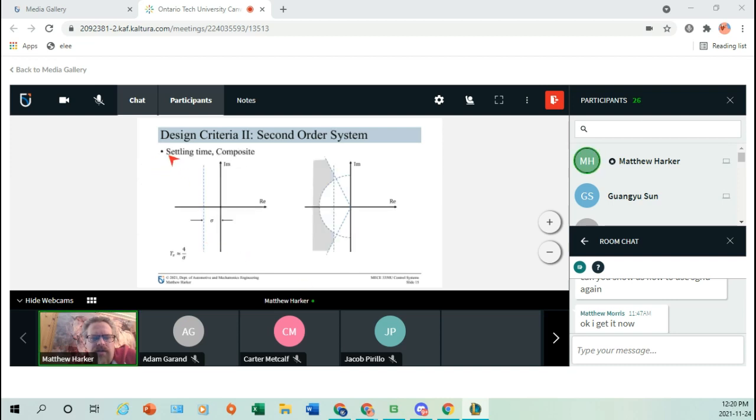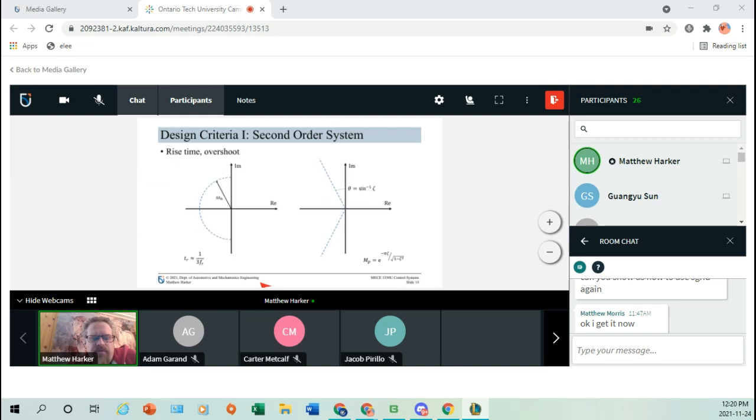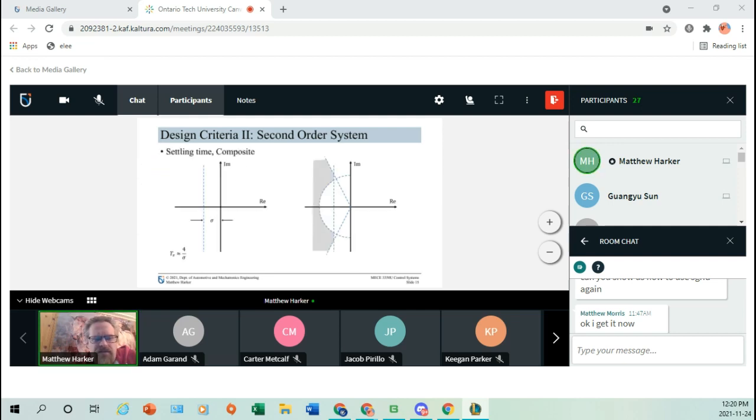Right, and then the other one was settling time. So in this diagram, settling time was basically when we got to some percentage of the final value, which might have been within 10% or within 1% or whatever. It ends up depending on that real part of the poles, because that sigma determines the rate of decay of the exponential term, right?